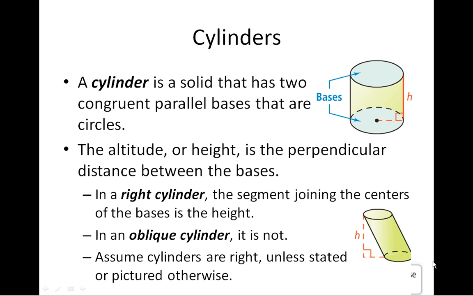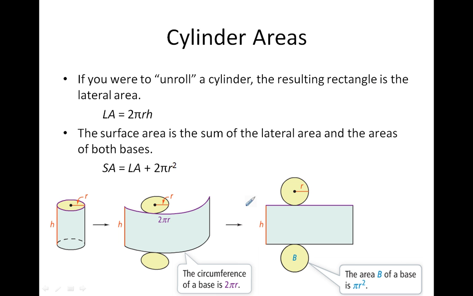And if we think of this and kind of unfold it a little bit and flatten it out, to find the surface area, the lateral area is going to be the distance going around. So if we kind of unroll it, we've got the height, we unroll it flat, we end up with what looks like a rectangle. And the length of the rectangle, or the base of the rectangle, is actually the circumference of the circle, of the actual base.